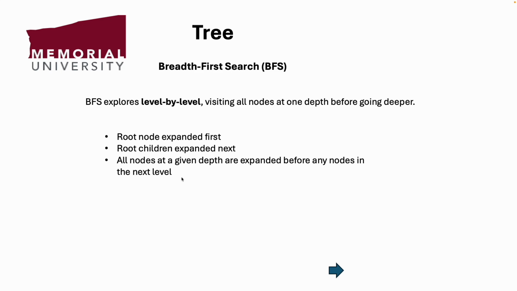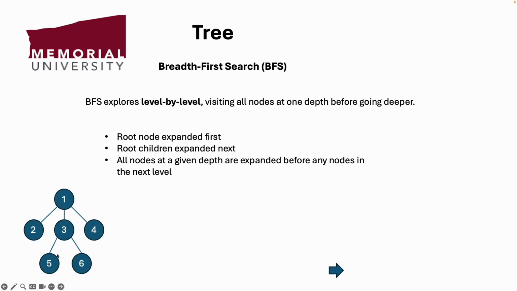The root node is expanded first, and then the root's children are expanded next. All the nodes at a given depth are expanded before any node in the next level.